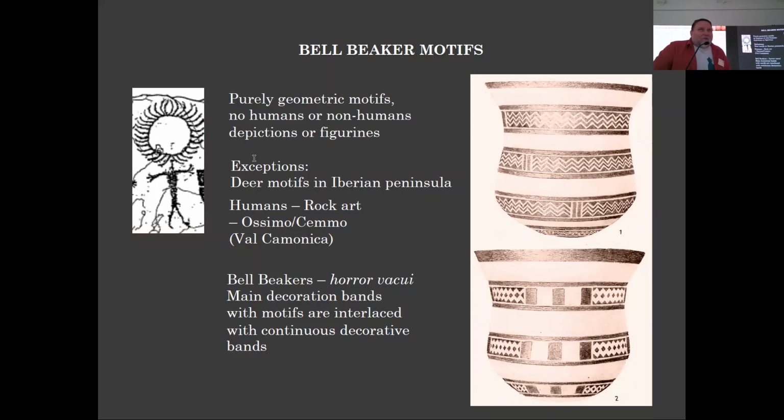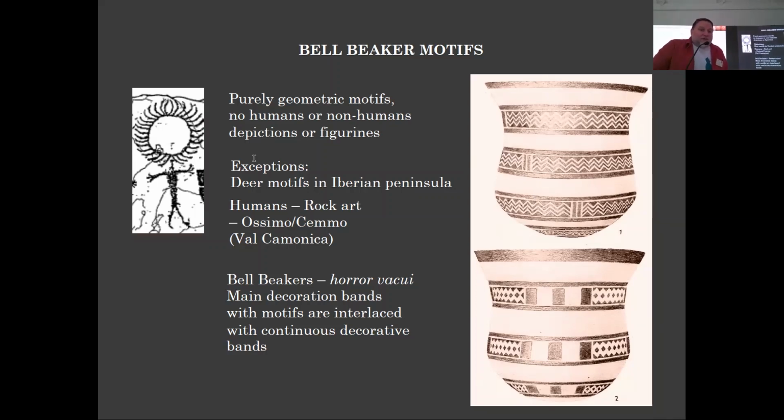And the taboo is so strict that we can almost imagine something similar to Islamic art, which is basically preventing motifs which would be explicitly describing the figures of humans or animals.